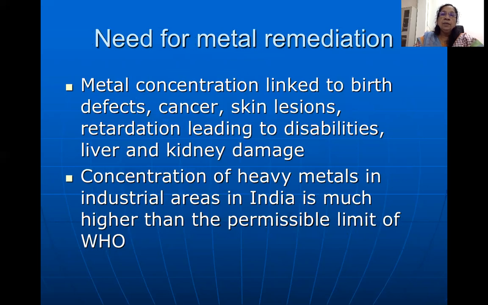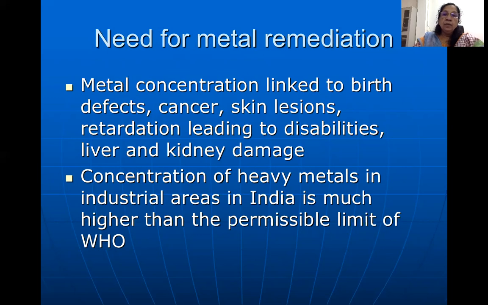And there's a need for metal remediation or removal of metal because these heavy metals are linked to certain toxic effects, like, for example, birth defects, cancer, skin lesions, retardation leading to disabilities, liver and kidney damage.